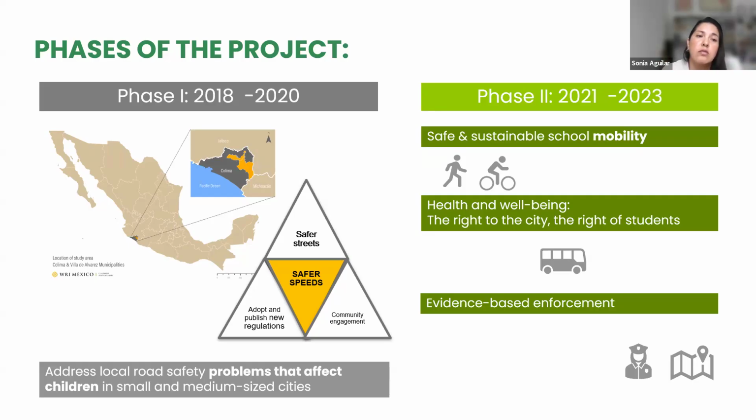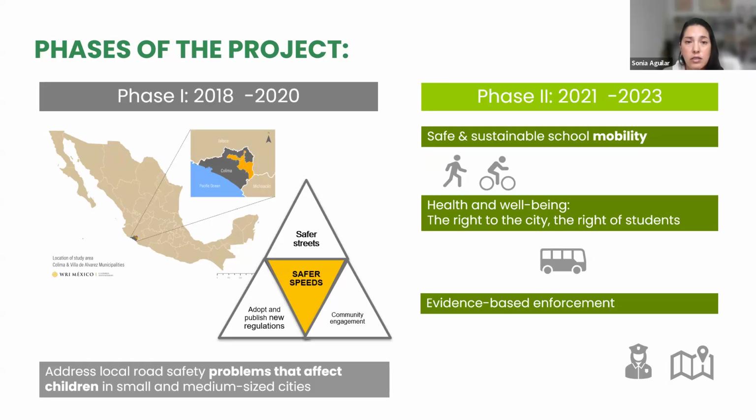We wanted it to be part of public policy in a new regulation code. And also, as Fred mentioned, and I believe that's very important in this type of project, we engaged the community throughout the project. So we addressed local road safety problems that affect children in this first phase by having a showcase of infrastructure.